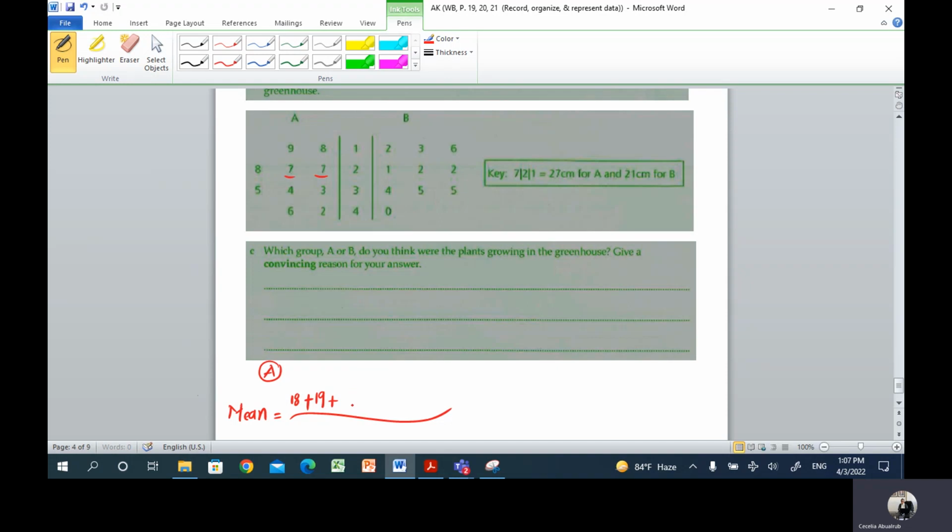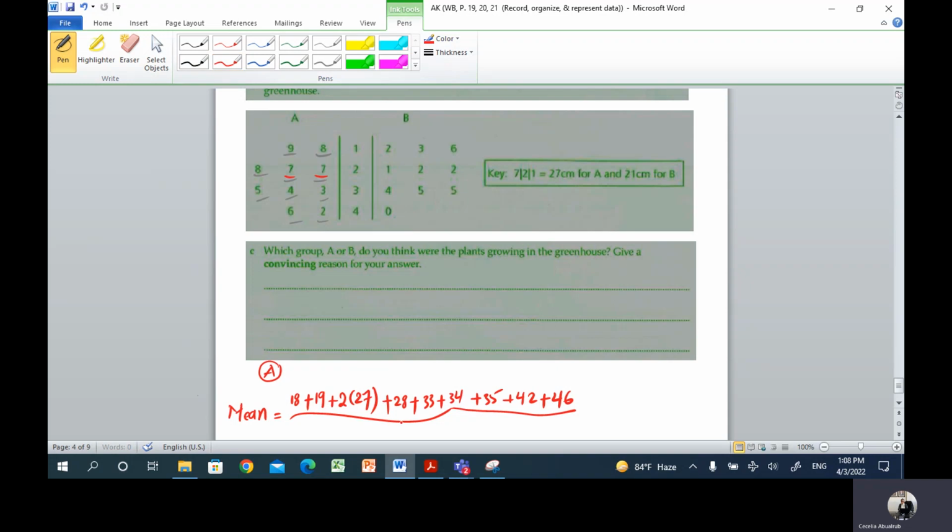It has been repeated twice, so it will be 2 times 27 plus 28 plus 33 plus 34 plus 35 plus 42 plus 46, all divided by the number of data, as we explained earlier, 1, 2, 3, 4, 5, 6, 7, 8, 9, and 10.